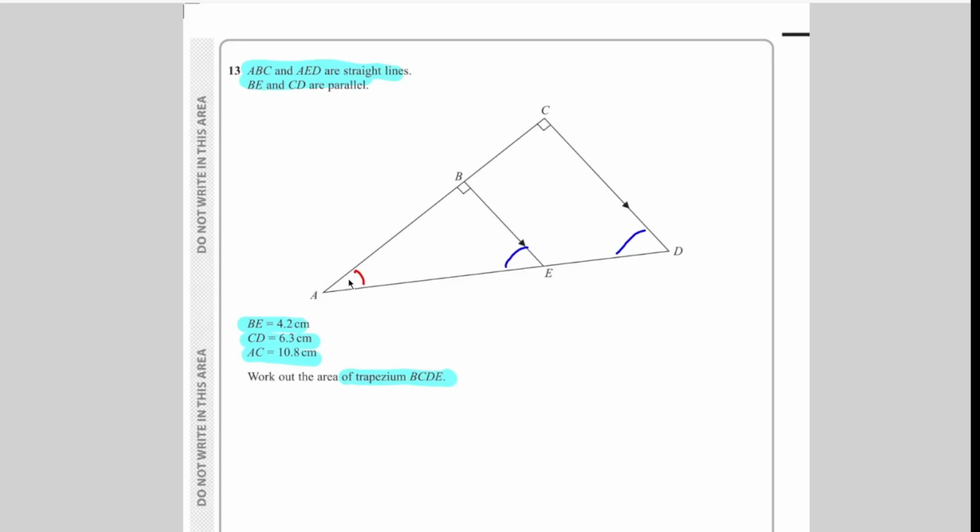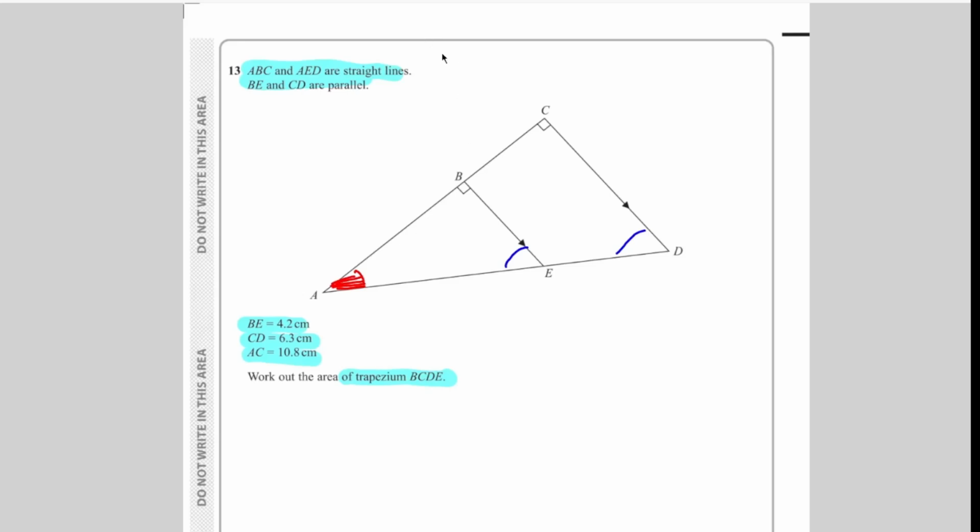In both the triangles, A is there. Therefore, angle A is common in both the cases. And 90 is there in both the triangles. Therefore, all three angles are equal. Therefore, two triangles are similar.